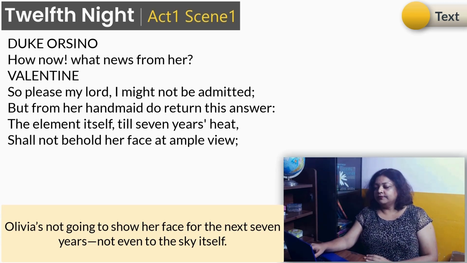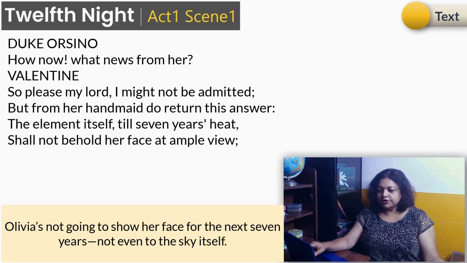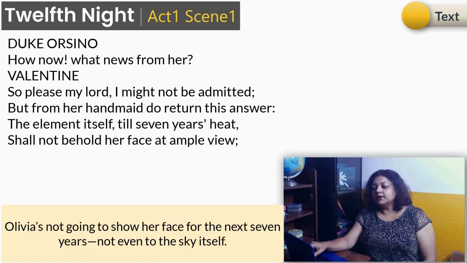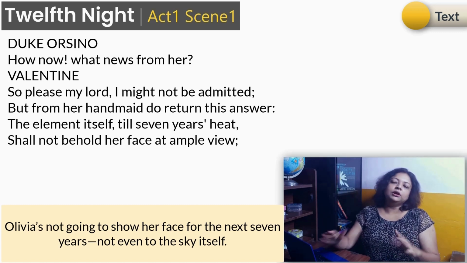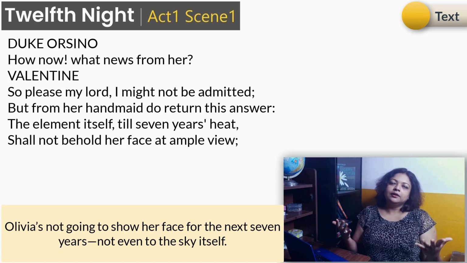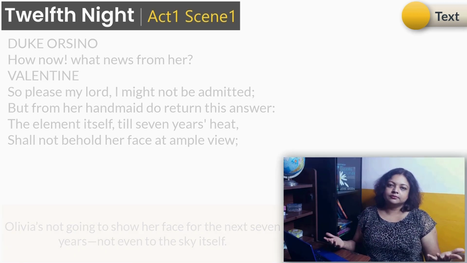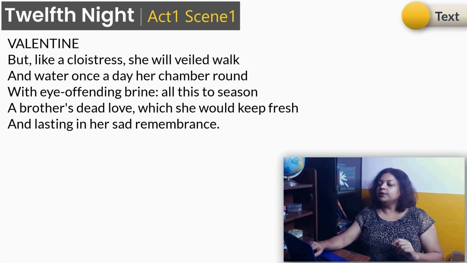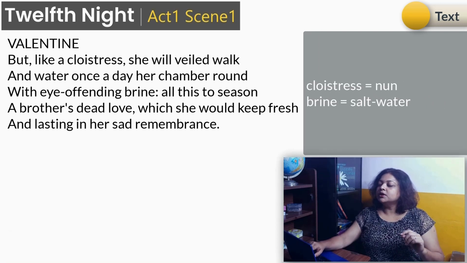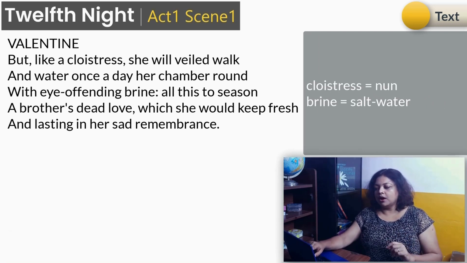"The element itself, till 7 years heat, shall not behold her face at ample view." So for 7 long years, Olivia will not show her face to the sun for 7 long summers. "But like a cloistress, she will veiled walk and water once a day her chamber round with eye offending brine."